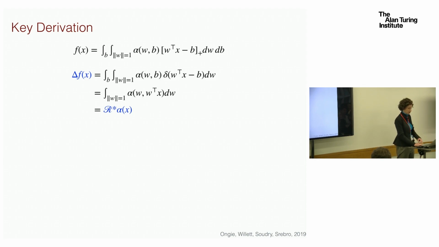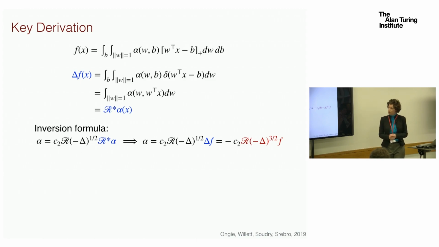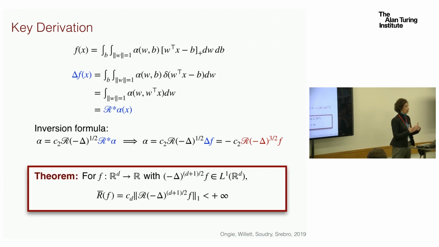Okay, so we derived on the previous slide this relationship between the dual radon transform of alpha and alpha. And so I can use this then to say that from the Laplacian of f, I can actually figure out what alpha is with this nice, neat formula. And so that allows me to define what kind of regularizer is implicitly being used in function space when I regularize the weights of a neural network.